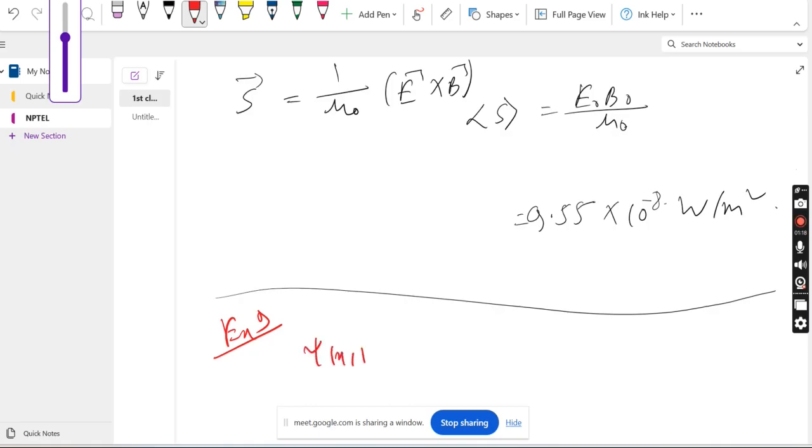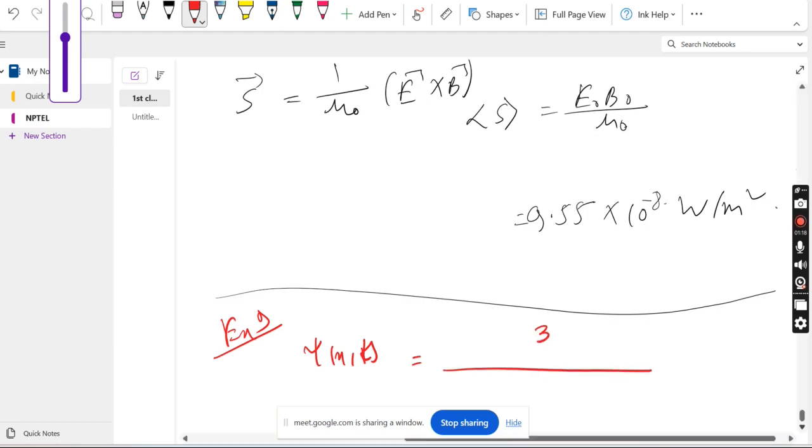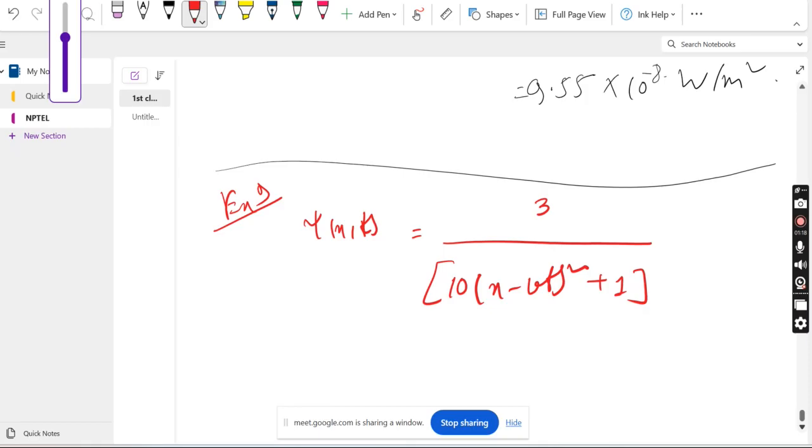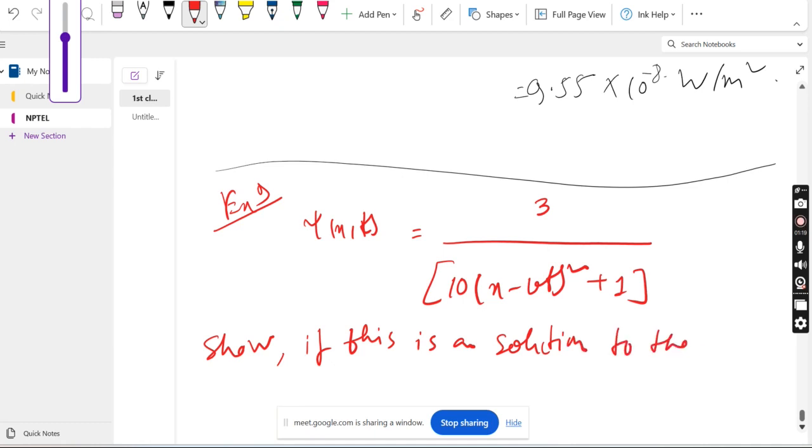The wave function is given by psi equals 3 by 10 x minus vt whole square plus 1. Show whether this is a solution to the wave differential equation.